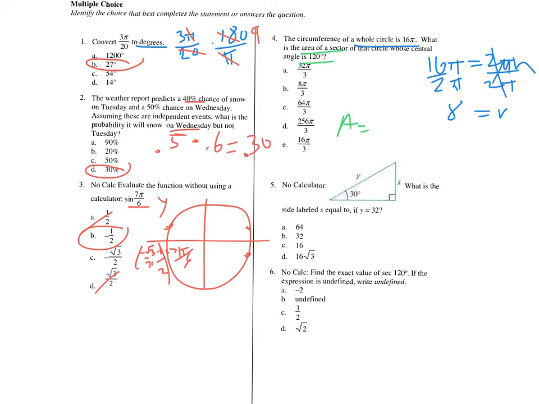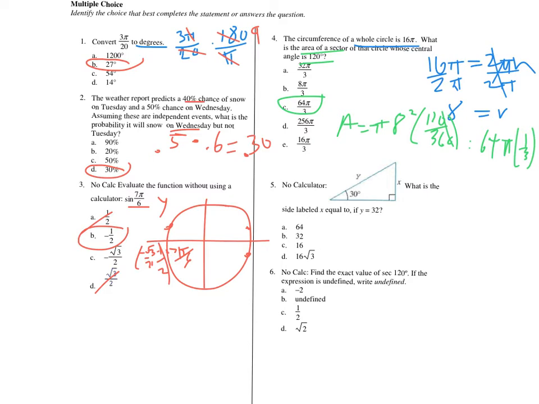So I'm going to go pi r squared, and then we're going to multiply by 120 over 360. Now I know that reduces to 1/3, so we're going to say 64 pi times 1/3. And so it doesn't reduce further, so it's 64 pi over 3.